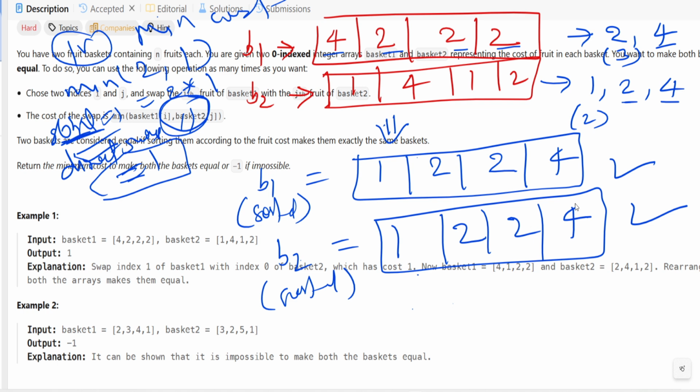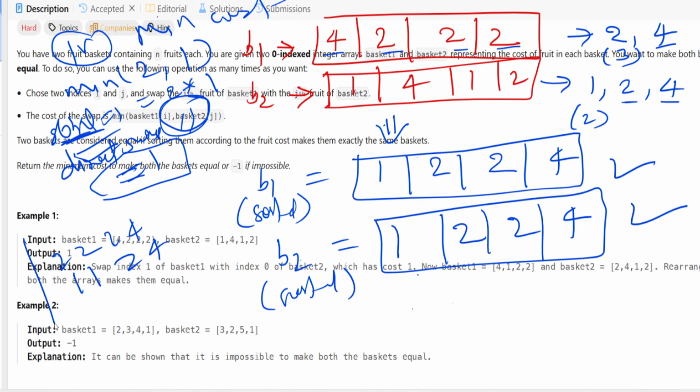Because we did swapping. Once we did swapping, we can say the minimum cost, if we do the sorting, all the 2s will come here, right? And the 4 will go here, right? It was 2, 2, 2, and 4, and it will become 1, 1, 1, 1, 2, and 4, right?